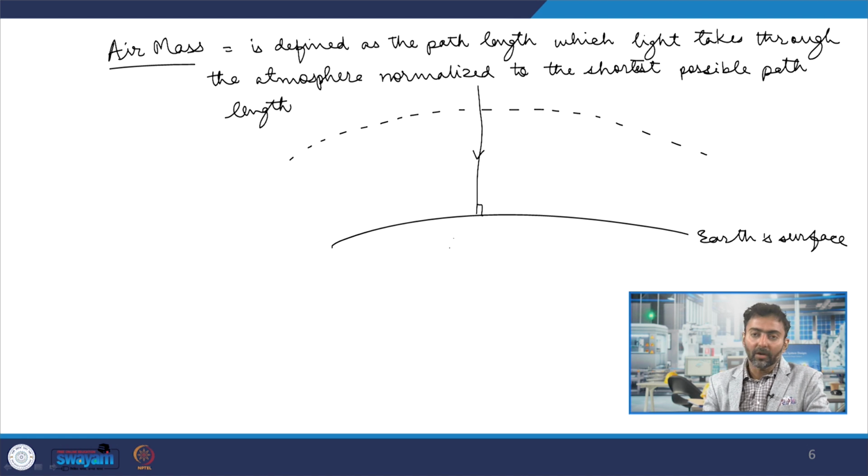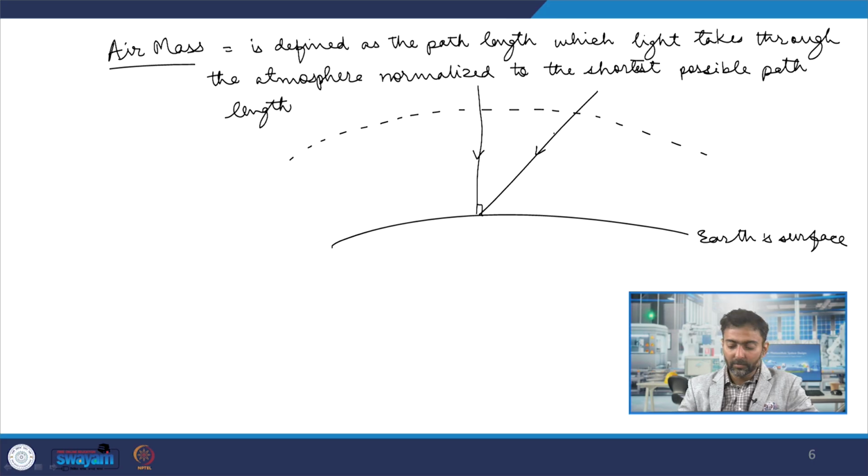So, this will be the shortest path length. At any given point of time, it will be making a longer path length through the atmosphere. So, as we just now said, the shortest possible length, we will define that as unity 1. So, air mass is nothing but this length. What is the length which the radiation is taking at a given instant relative to the shortest path length.